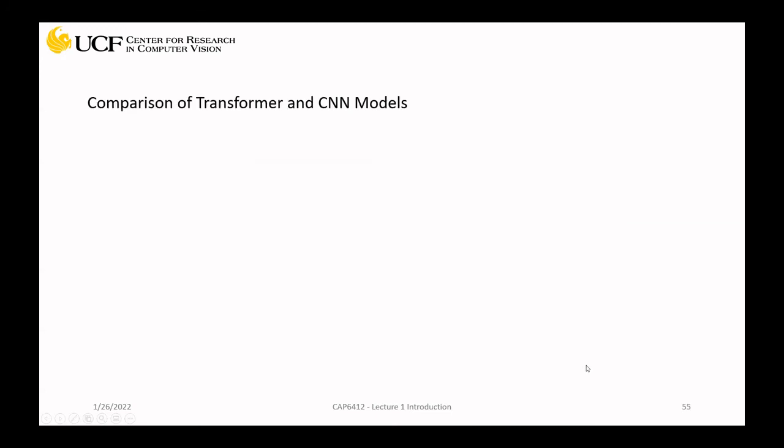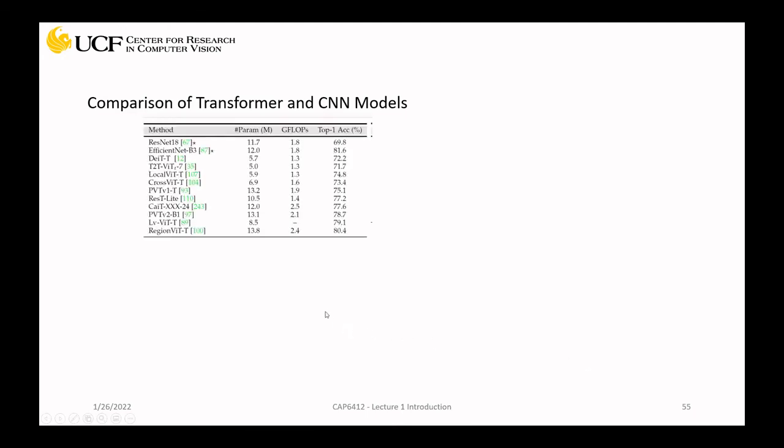So then one can also compare this transformer model with CNN models. So these are in the papers, a lot of detail. So as you have been talking about, that one is parameters, how many parameters you have. Other is computation. And then third is the performance.